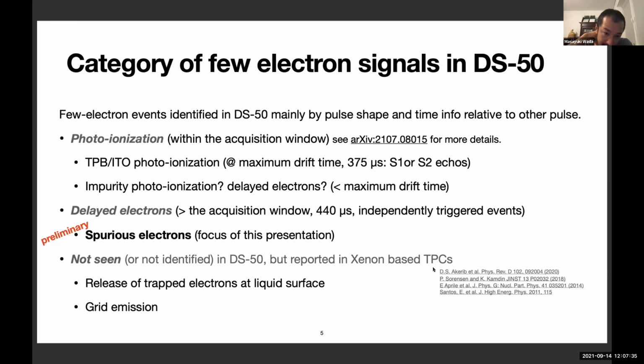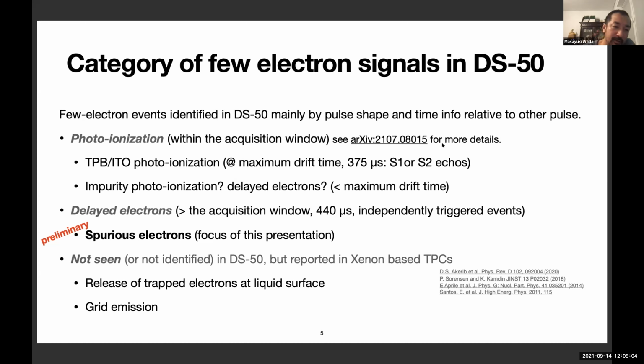And there are some events that happen between S1 and S2. We think they most likely come from photoionization of impurities: S1 hits some impurity, and then an electron is released. We wrote a paper and put it on arXiv, so if you are interested, please check that.